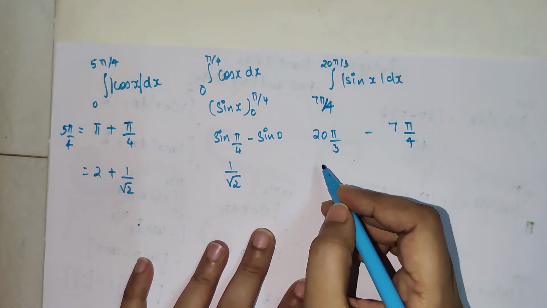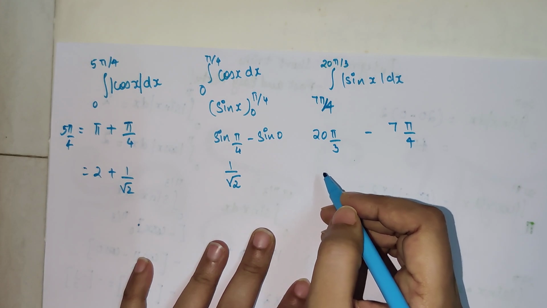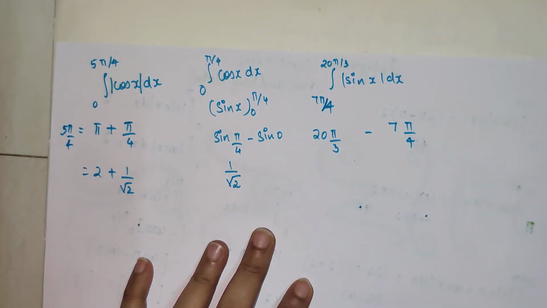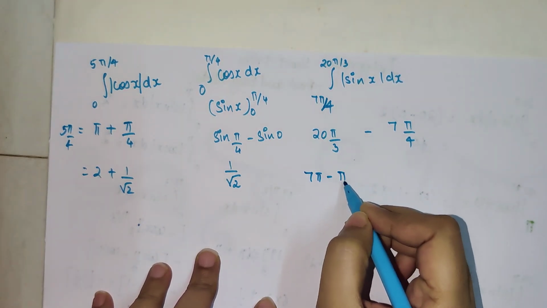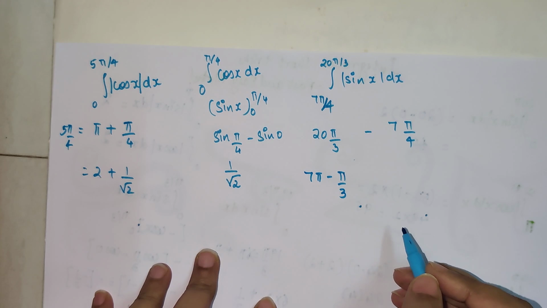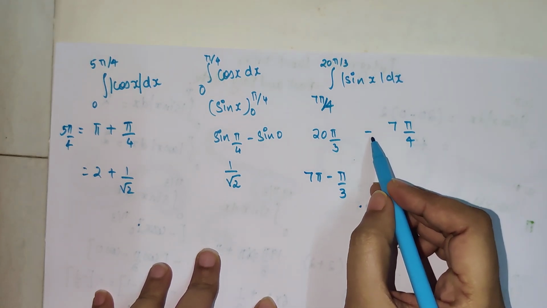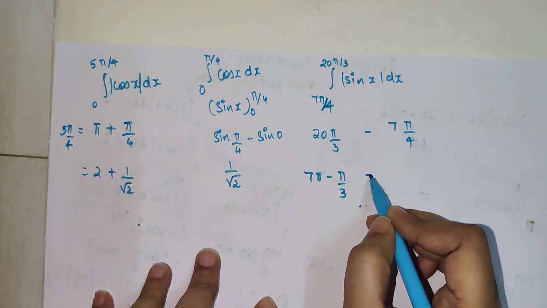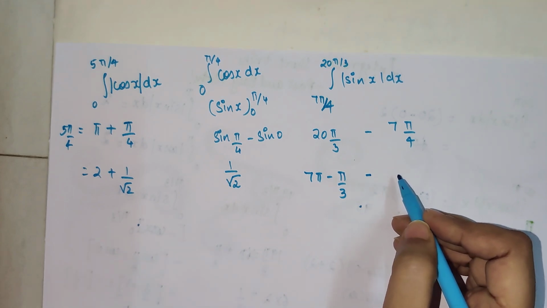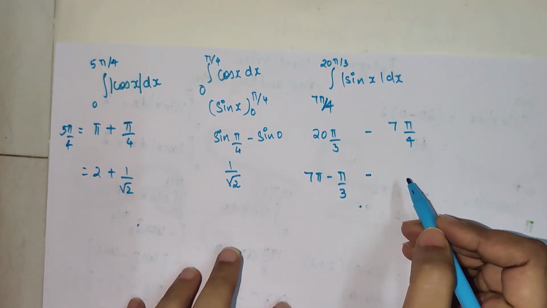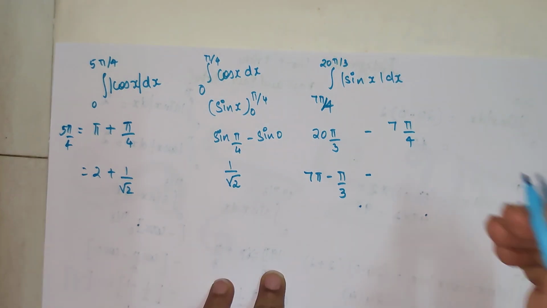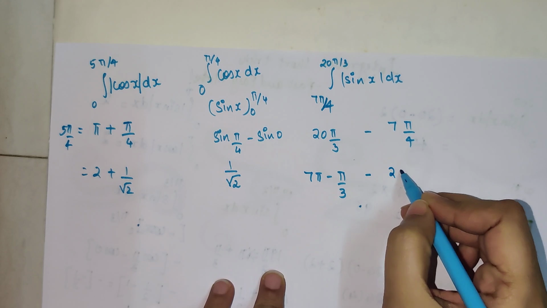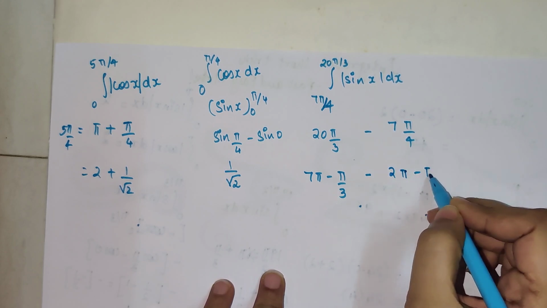So this can be written as nothing but 7 pi minus pi by 3, right? And 7 pi by 4 can be written as 2 pi minus pi by 4.